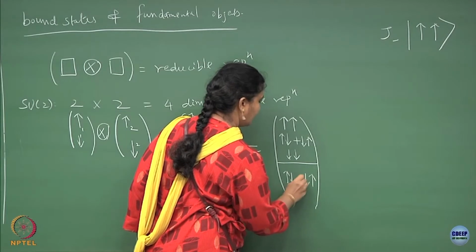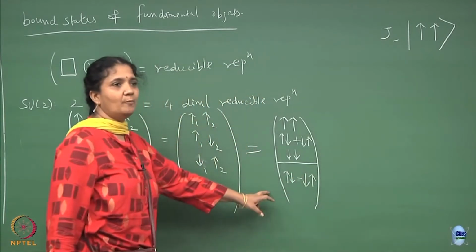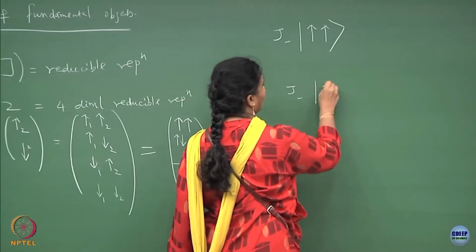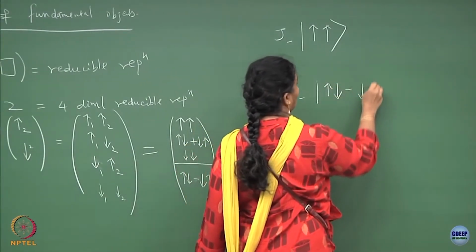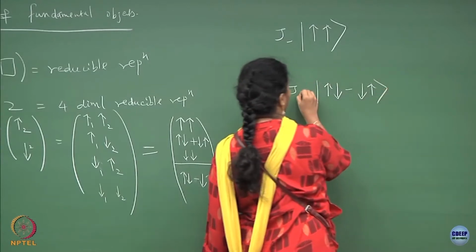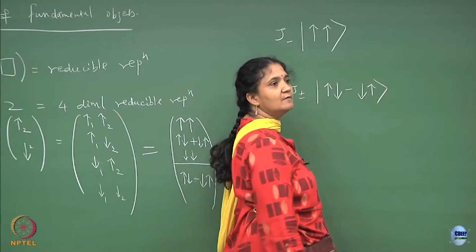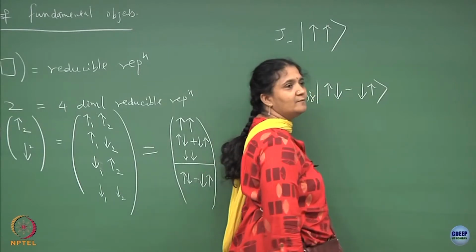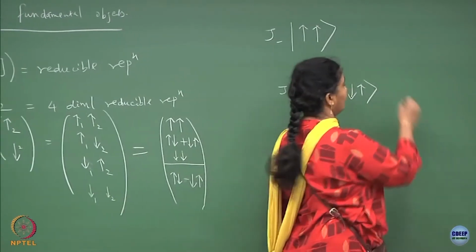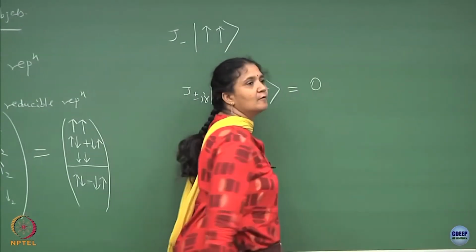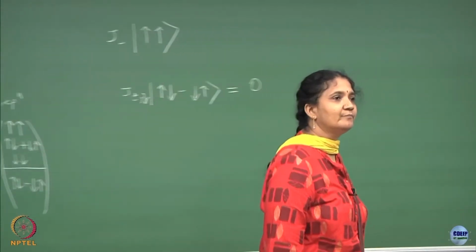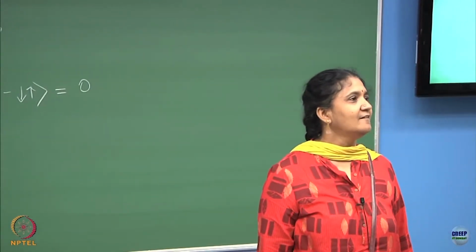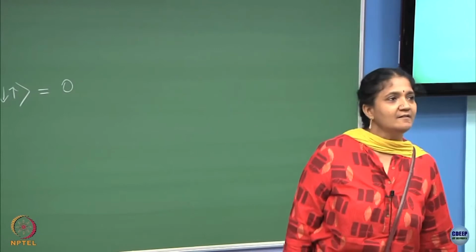The other one will be the downer. Whatever ladder operation you want to do on this, j plus or minus, including z, what will it be? Always 0, right? Why is it 0? This is like your unit representation, the trivial representation.